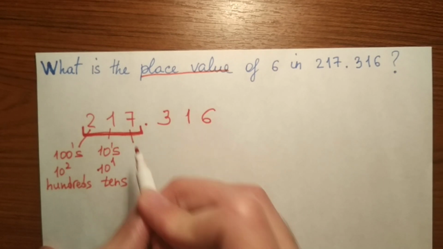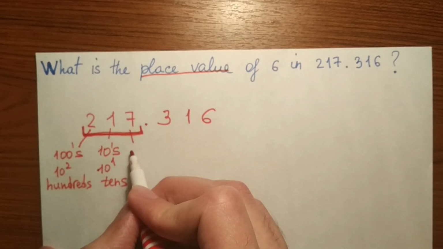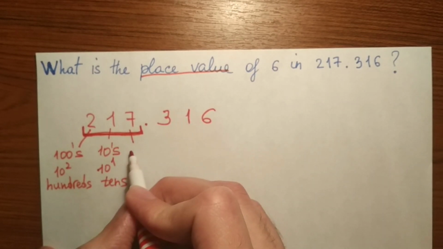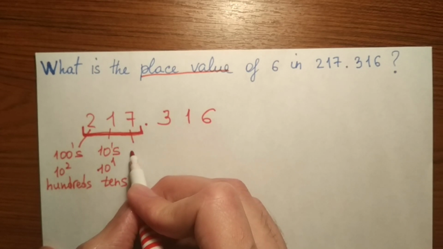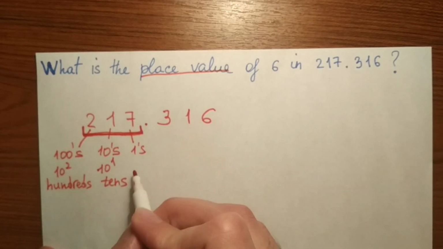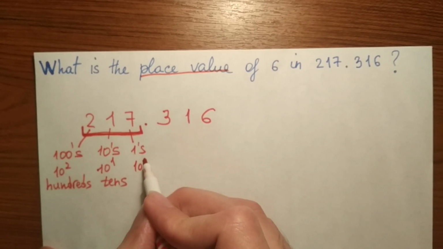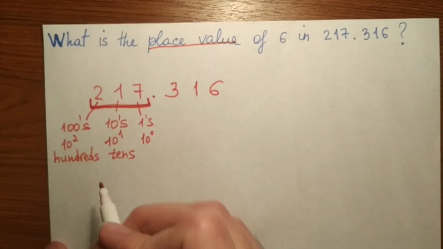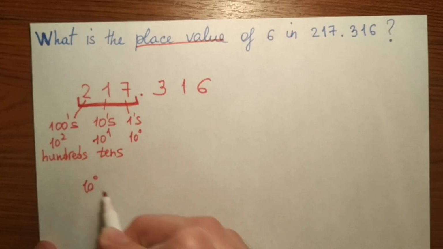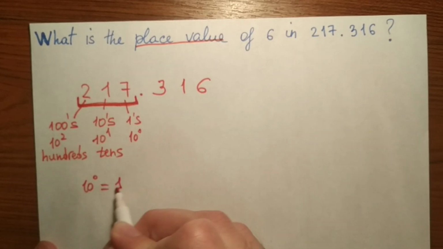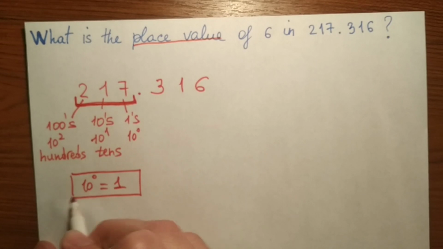And 7 here, we are going to call this units or ones, and this will be 10 to the 0. And you know that 10 to the 0 is 1. It's the rule, and we know that.